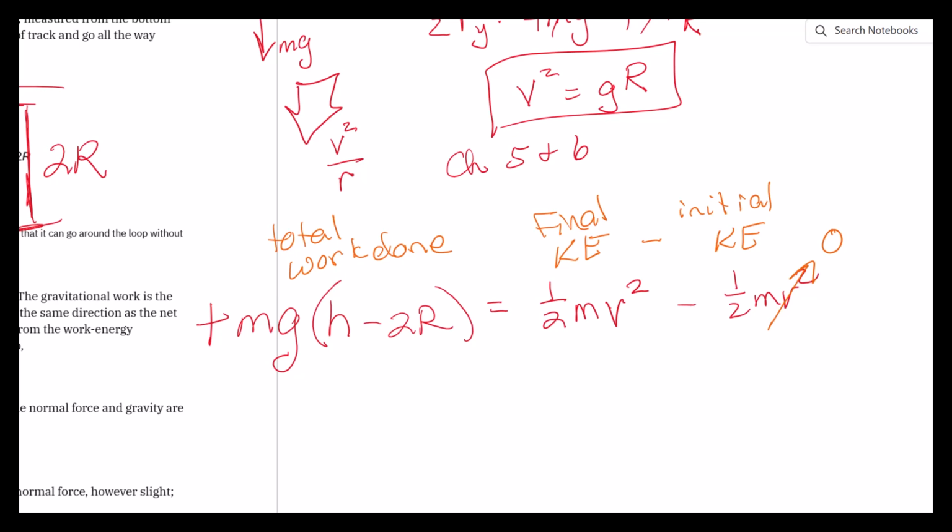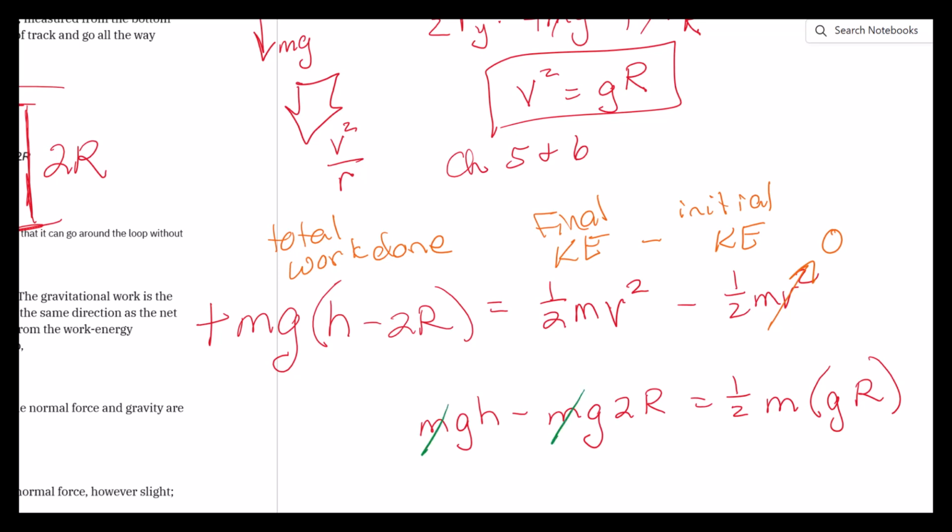Without too much angst, I'm just going to rewrite this prettier. mgh minus mg 2r equals 1/2 m, and v squared is g times r. I know the m's are going to cancel, and in fact, not only do the m's cancel out, but the g's cancel out.